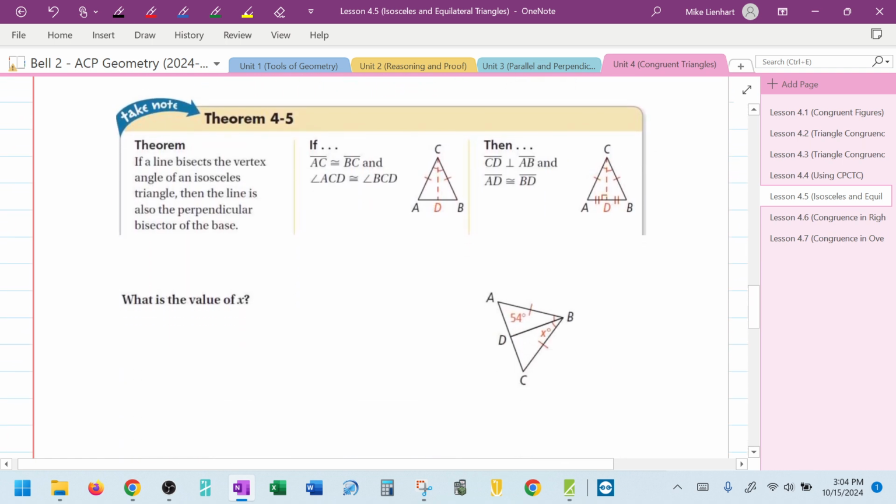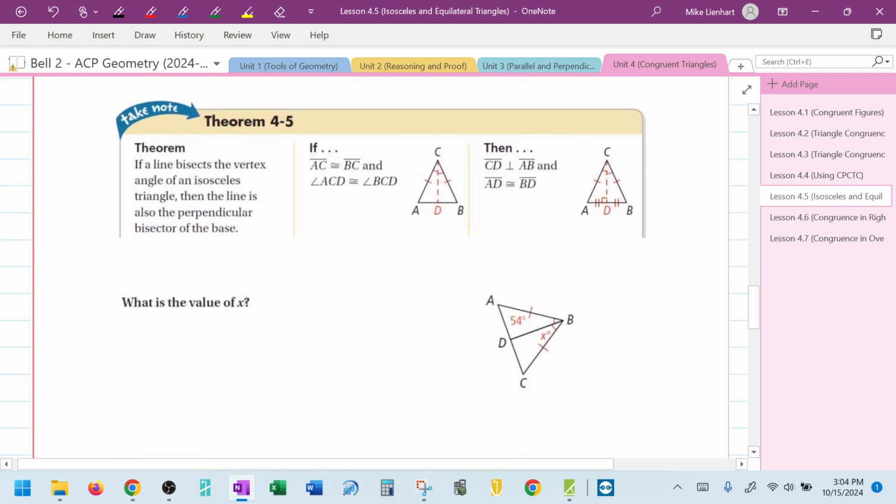Okay, let's read this next theorem together. It says, if a line bisects the vertex angle of an isosceles triangle, I notice that the triangle ACB is isosceles. I notice that the vertex angle C is being bisected by CD.